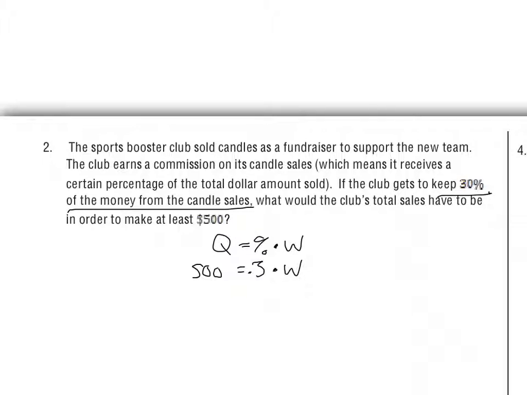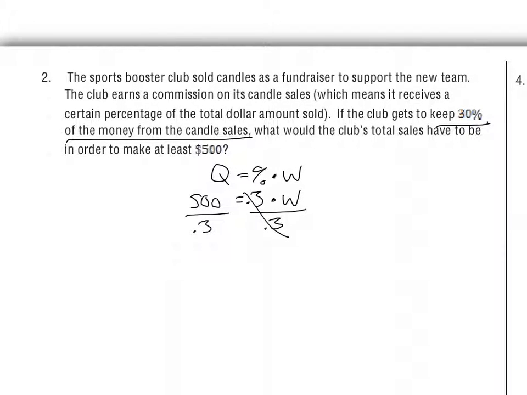So in order to find out how much that needs to be, we need to go ahead and divide by 0.30 or 0.3. You should get that this is $1,666, and we'll go ahead and round it to 67 cents.